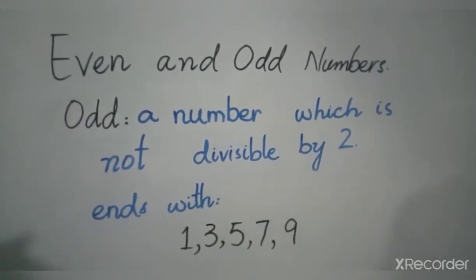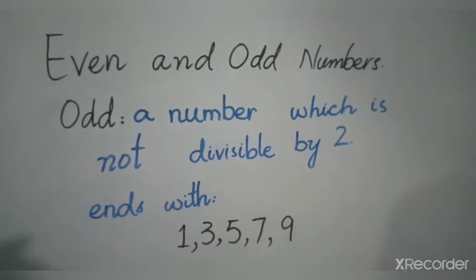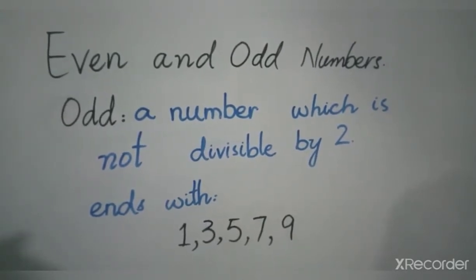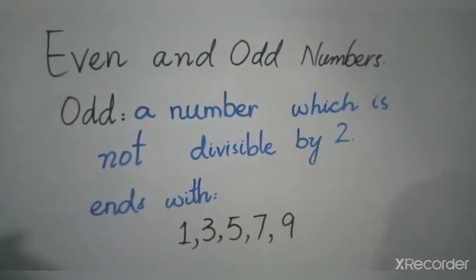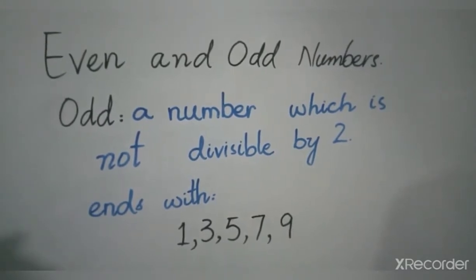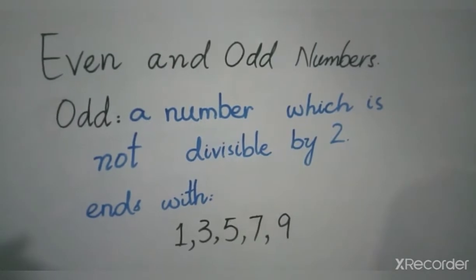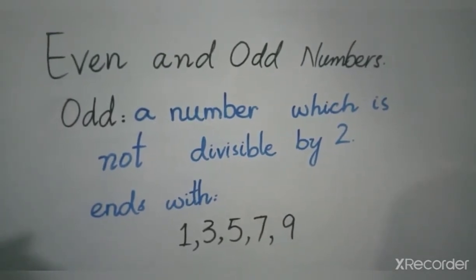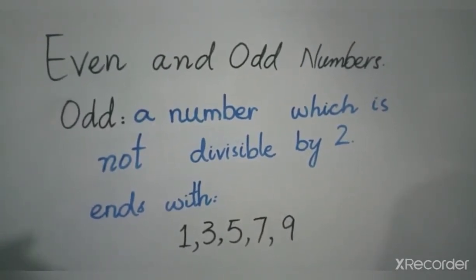If we see any number which is ending on 1, 3, 5, 7 or 9, whether the figure is a long figure with so many digits, we will refer to those types of numbers as odd numbers.